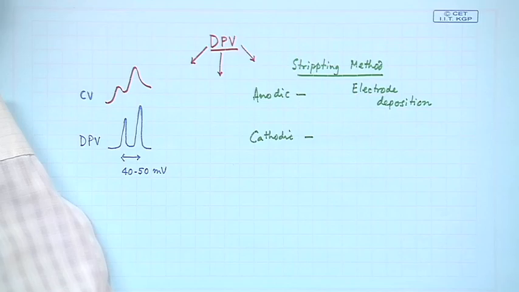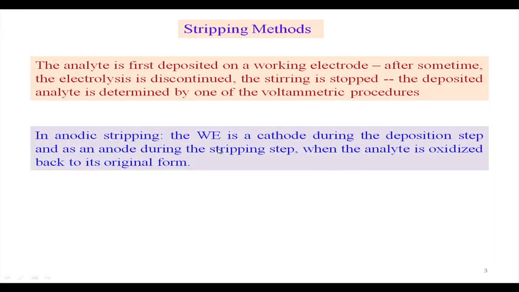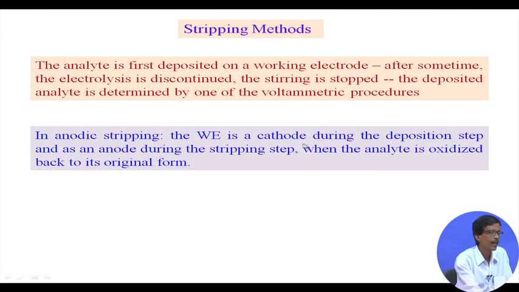When you go for anodic stripping, the working electrode is a cathode during the deposition step and an anode during stripping. So, the nature of the working electrode is changing. Initially, once it is oxidized or reduced, it can be deposited, so you have to go for the reverse process.